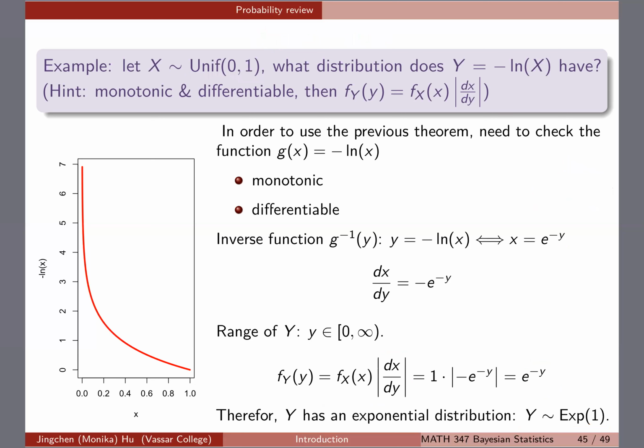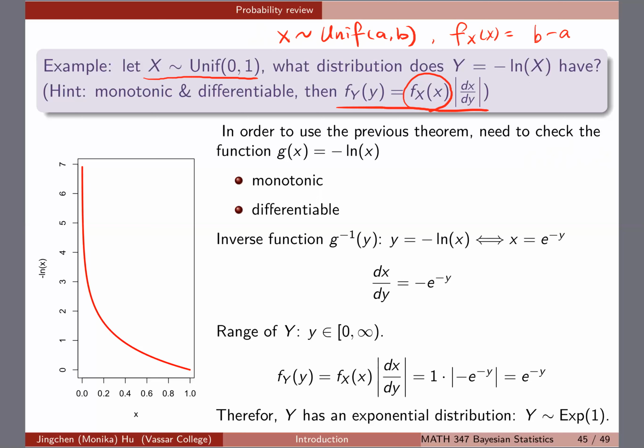Any other questions here? Yes. Sorry, can you just repeat where the 1 came from? Yes. Based on this formula, we know that we need to have f of x, so that's the density of x, the PDF of x. And because we know that x is between 0 and 1, it is uniform. So if you have a random variable x which is uniform between a and b, then f of x is b minus a.